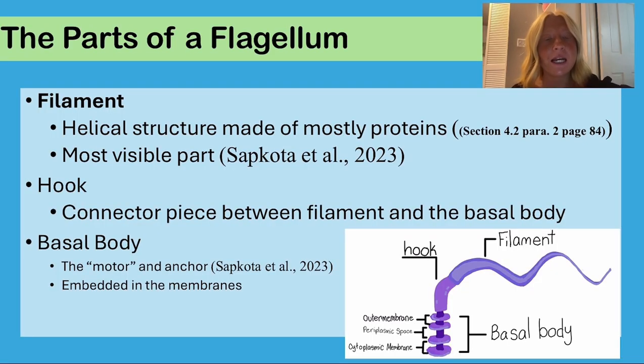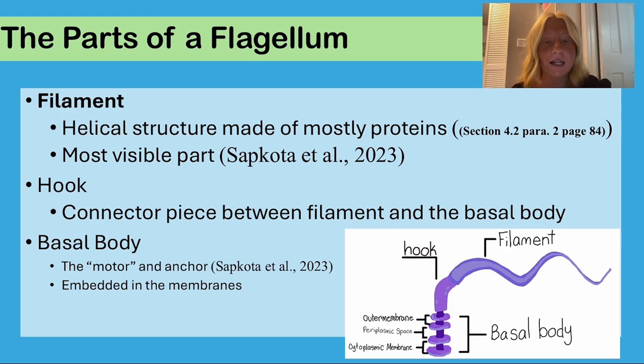And this filament is inserted into the hook. The hook basically acts as a connector or hinge between the filament and the basal body. Without it, the flagellum wouldn't be able to bend or rotate properly. Lastly, we have the basal body, which is buried within the membranes of the cell and is like the powerhouse.